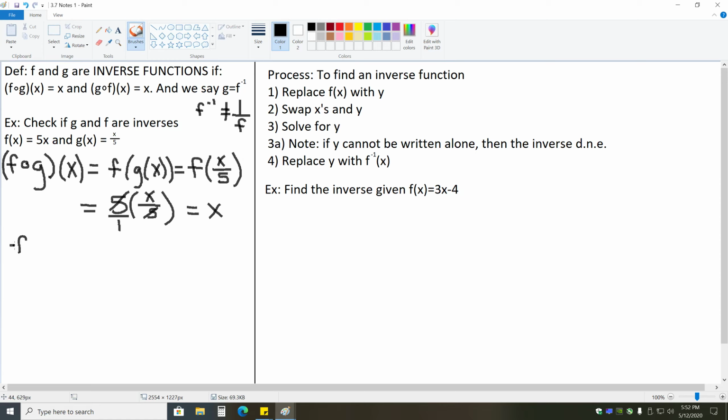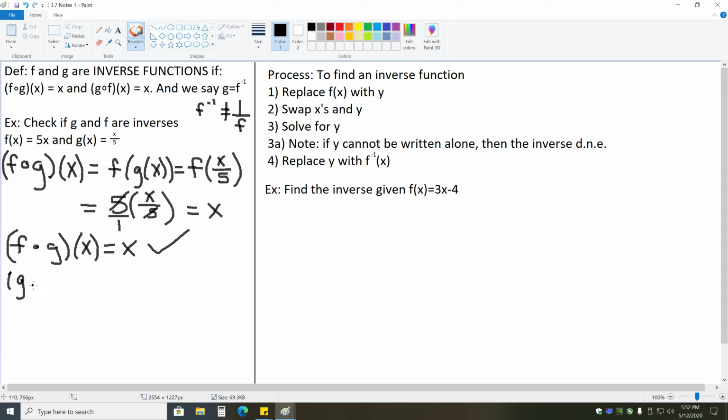So f∘g, f of g of x, is equal to x. That checks out.